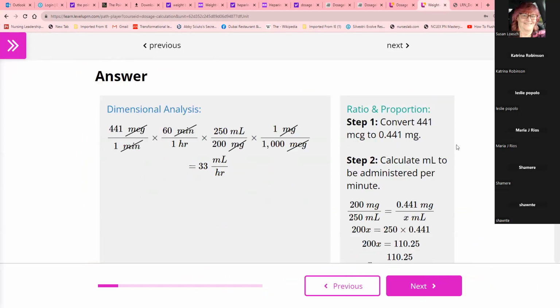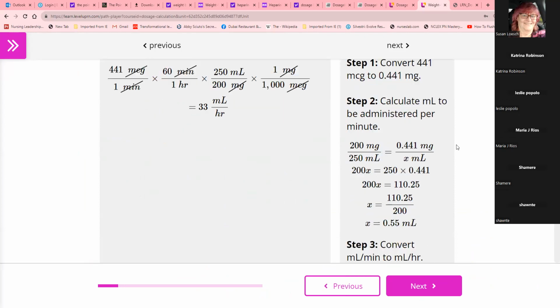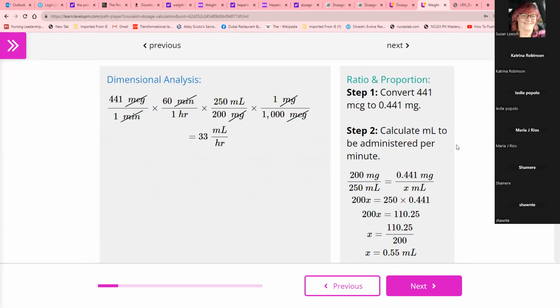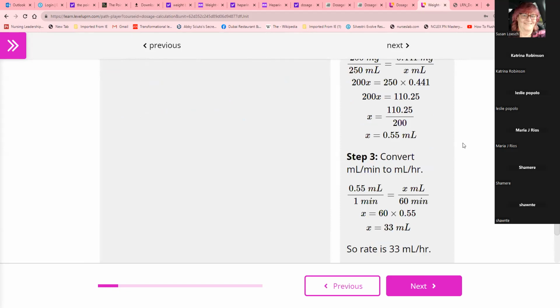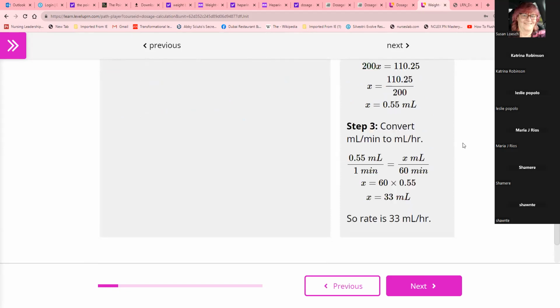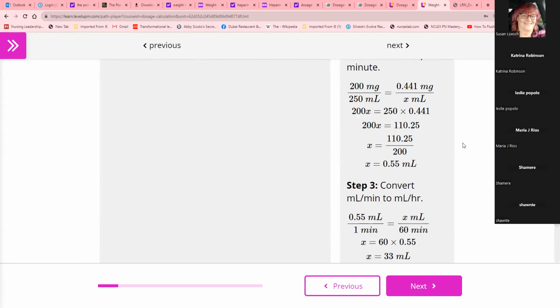Whatever method works for you, if the method I'm showing you doesn't work, there's your dimensional analysis if you want to take a picture. Over on the right is ratio proportion, okay? I don't know what they did there, but it's not how I would do it, a lot of steps there. Either way, you're going to have a few steps because you have a lot of conversions.